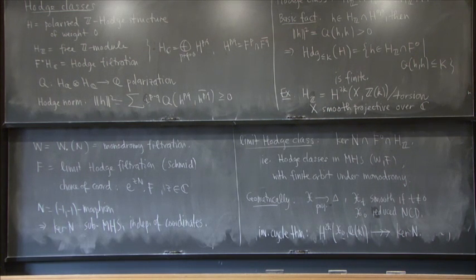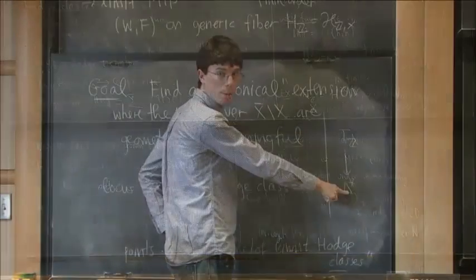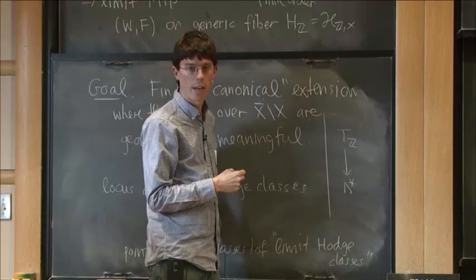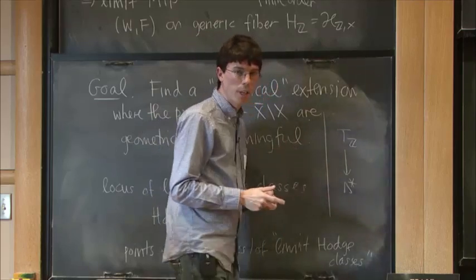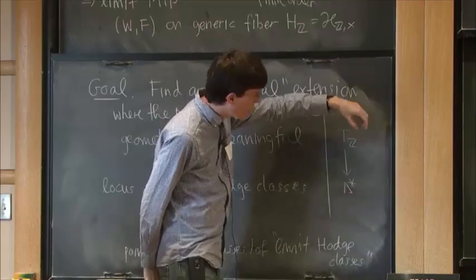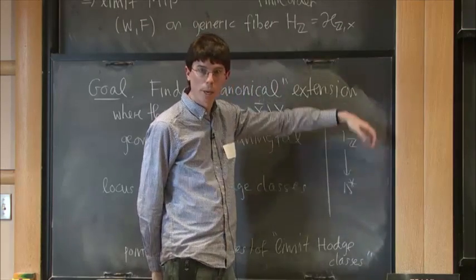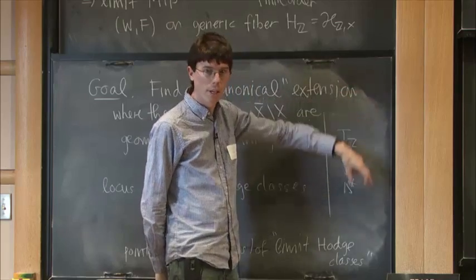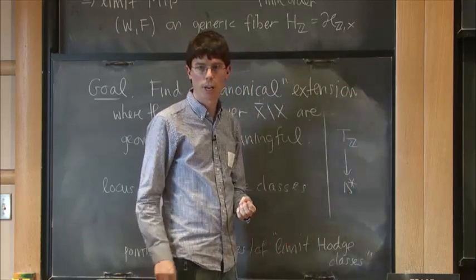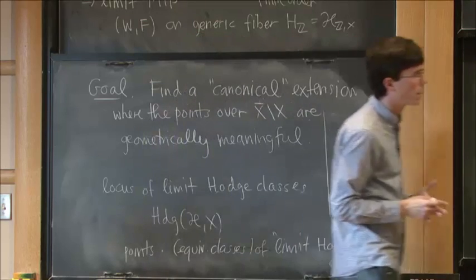If I have a class that has finite order under monodromy, then I'll have this punctured disk downstairs, and the classes upstairs with that property will form another copy of delta star, but that projects down to this copy of delta star by something like t goes to t to the k. Right? And so also in terms of building extensions, that's a very natural situation to consider, because you see that then here I have delta star mapping to delta star by t goes to t to the k. There's an obvious way to fill that into a finite map, right? Just fill in the disk upstairs and the disk downstairs and keep the map t goes to t to the k. So that's sort of what you would do in this kind of case.